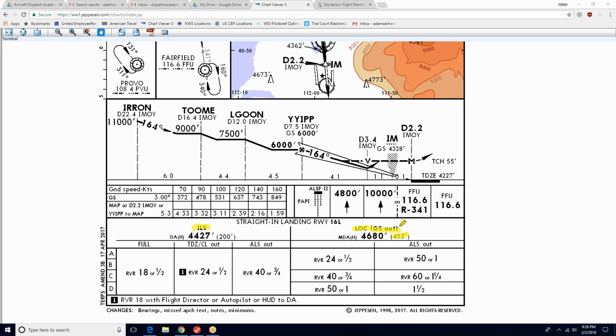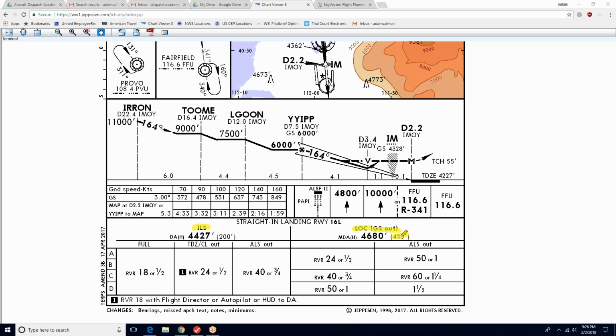So if it was 401 and you were waiting till 400, technically at that point you would be below the legal minimum for that approach. So that's the reason, it really just comes down to the altimeter. It's not possible to read anything outside of every 100 feet on an altimeter. So we got to round those up.